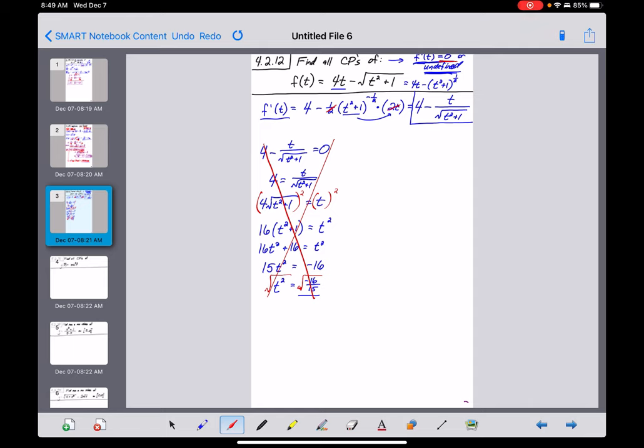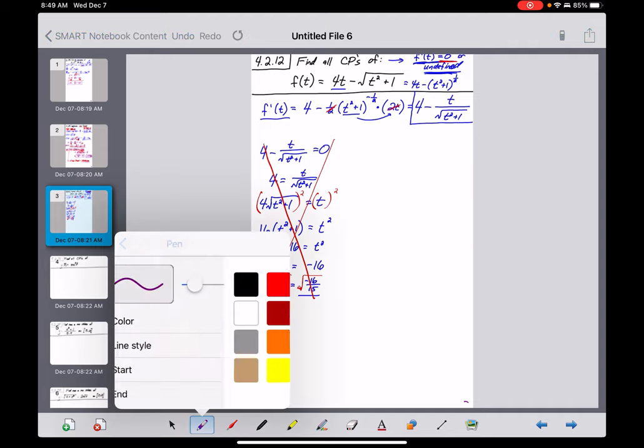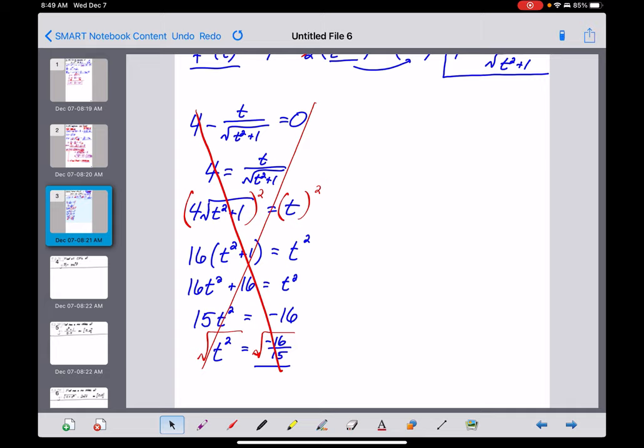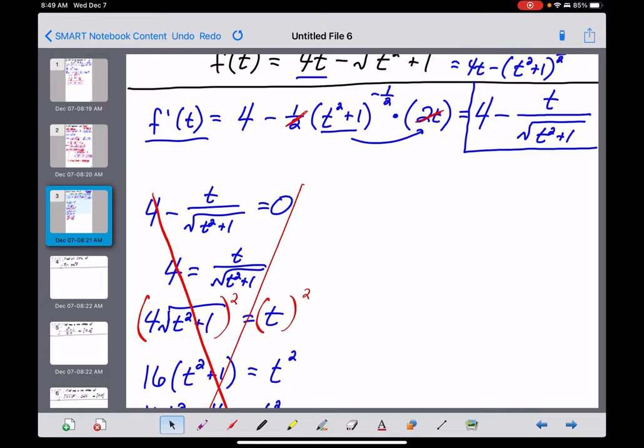But there's a second consideration as well. We also need to think about, are there any values of t for which this derivative, which we had in the box up there, is going to be undefined?